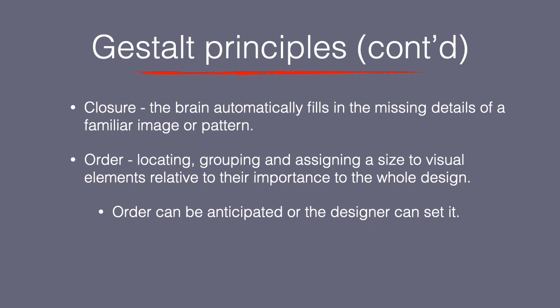However, our brain is able to make the connection and fill in the missing pieces. Order is locating, grouping, and assigning a size to visual elements relative to their importance to the whole design. Order can be anticipated or the designer can set it.